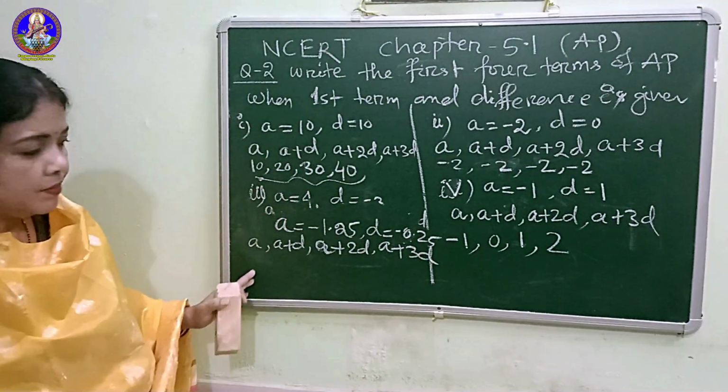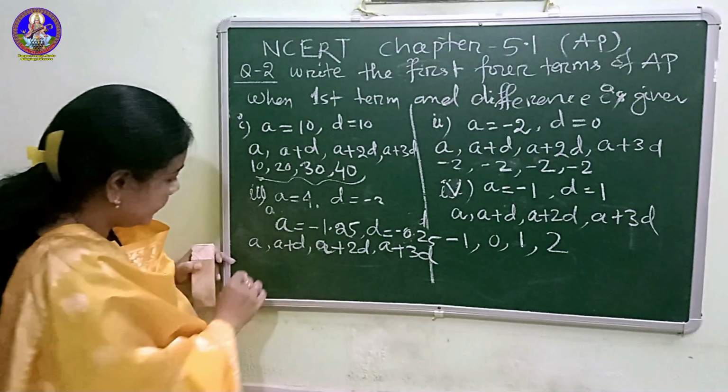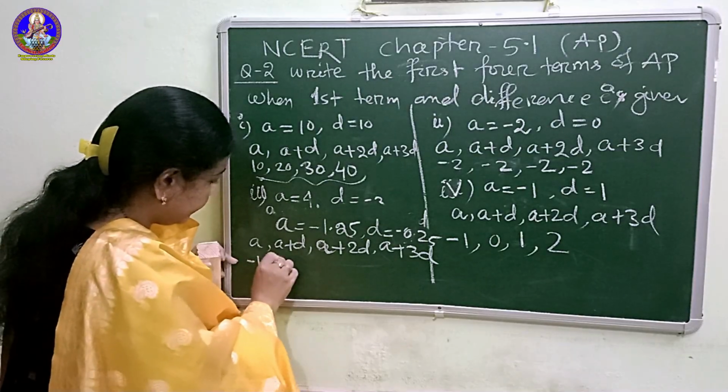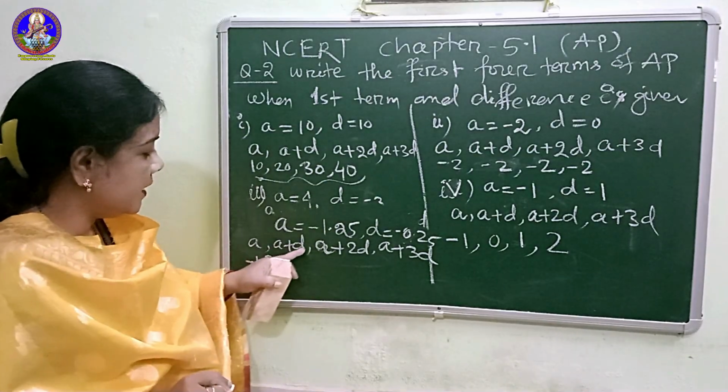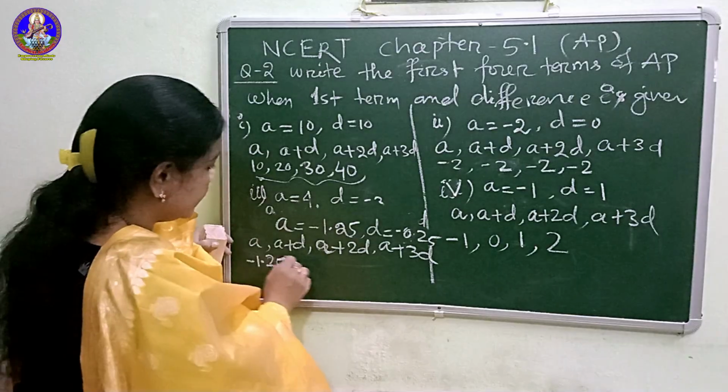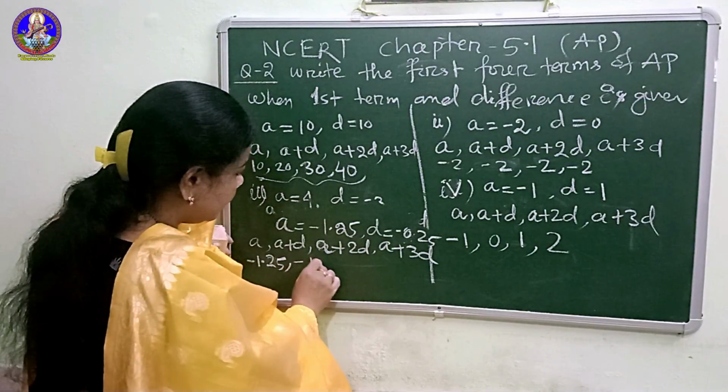So a is minus 1.25. Then a plus d, minus 1.25 minus 0.25, that is minus 1.5.